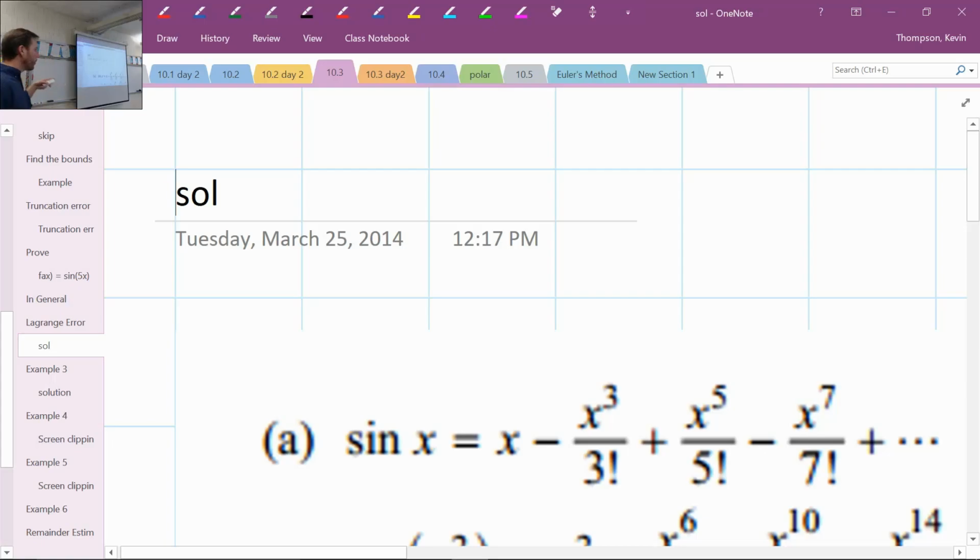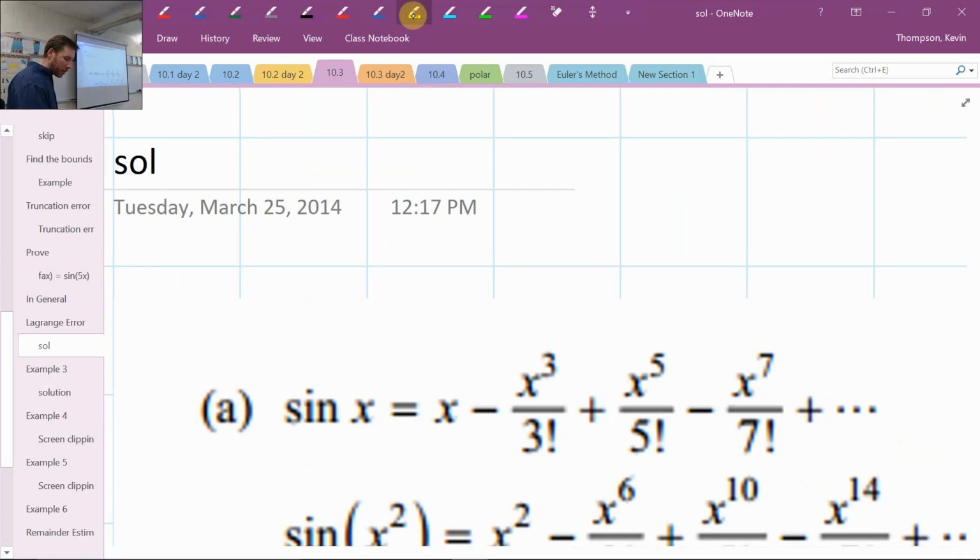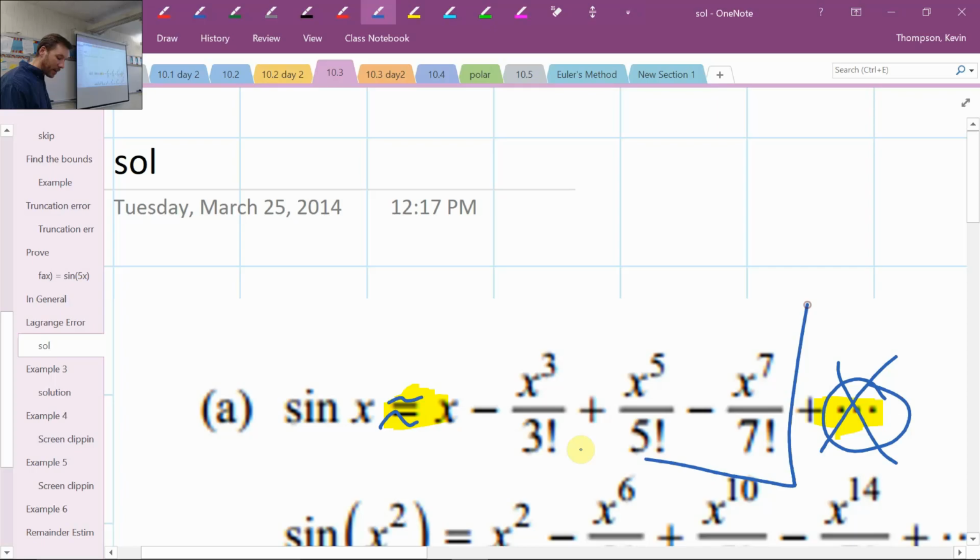So if I'm looking for now what the sine of x squared is, oh, by the way, do you notice, this is just bonus, not what I'm talking about right now, but do you see that's an equal sign? And it's only an equal sign because of the dot, dot, dot. Otherwise, if this is not written, we should be saying the sine of x is about this polynomial, right? It's approximating it.